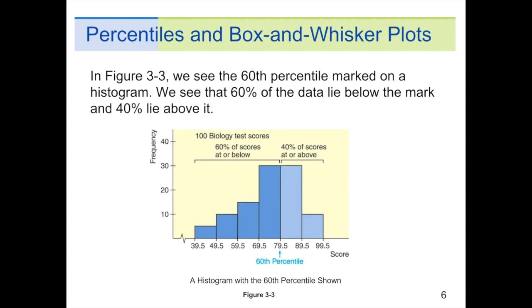In Figure 3.3, we see the 60th percentile marked on a histogram. We see that 60% of the data lie below the mark and 40% lie above it.